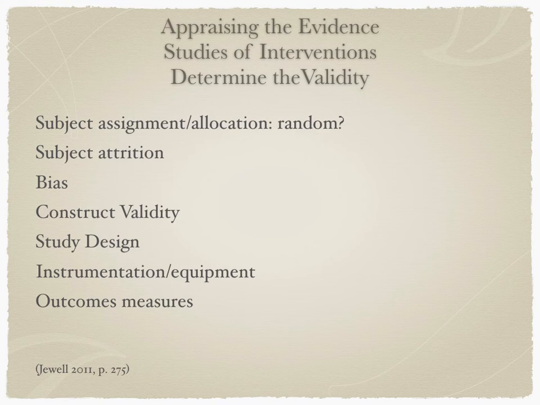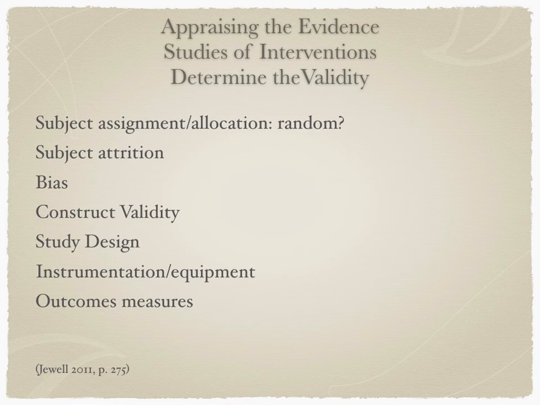Was this random? How was it randomized? Is that randomization appropriate for the study? Was there any subject attrition? What biases might have been in the study, including investigator biases?